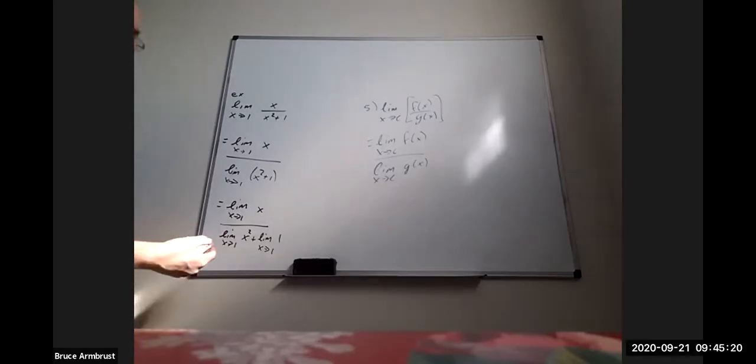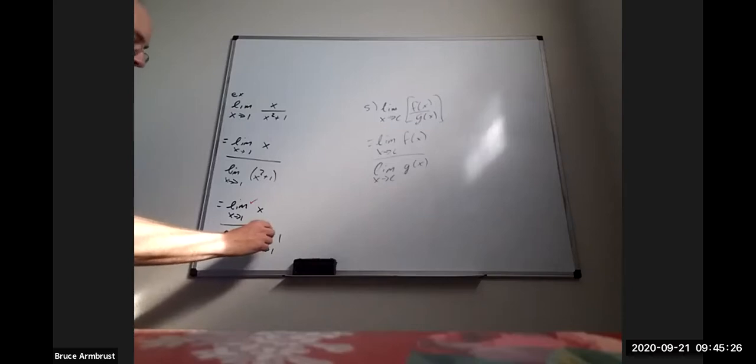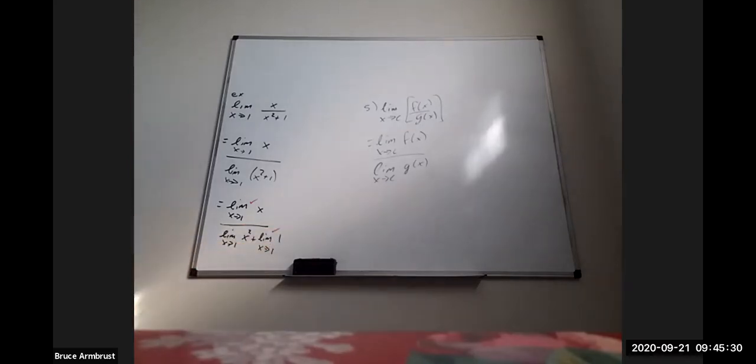Again, let's track which ones we can evaluate. We know we can take care of the top. On the bottom, I know we can take care of this last guy. This is the first rule I showed you. If the function is a constant, we just get that constant. So that one's good, which leaves us with the limit of x squared.